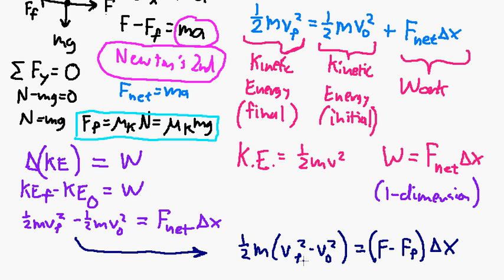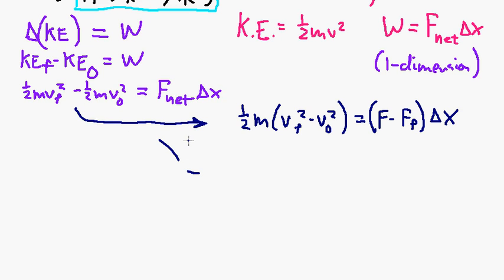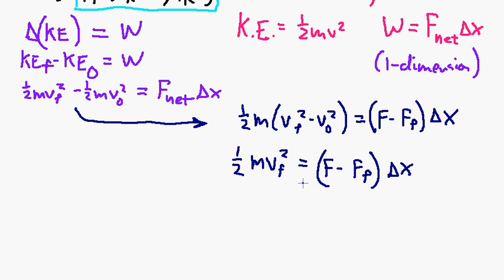For this problem we were told the book started at rest, so it's even easier than that. It's 1/2 m v final squared, because v initial is 0, equals force minus your friction force times delta x. And so your friction force, the way this comes out, is a bit ugly, but you get the idea.